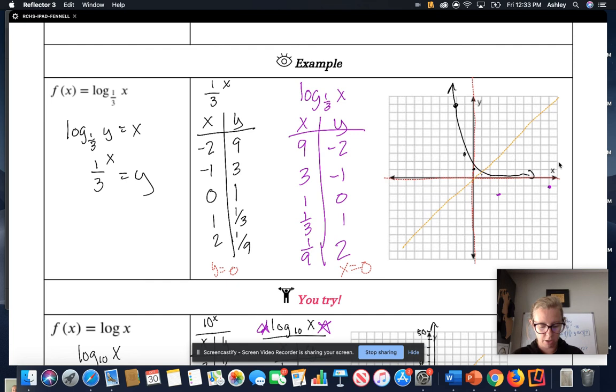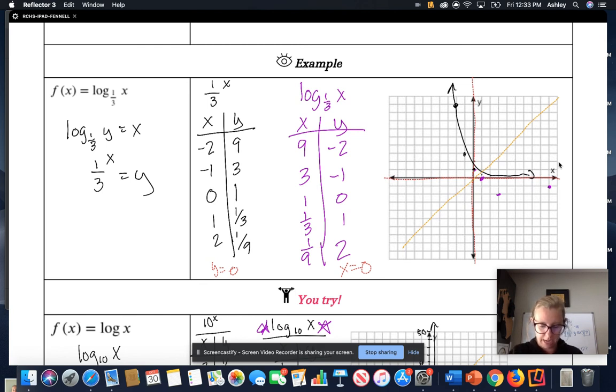And then we're going to go over 1, not down at all. And then we're going to go 1/3, up 1. 1/3 right there, up 1. And then we're going to go 1/9, right, very, very close, up 2.